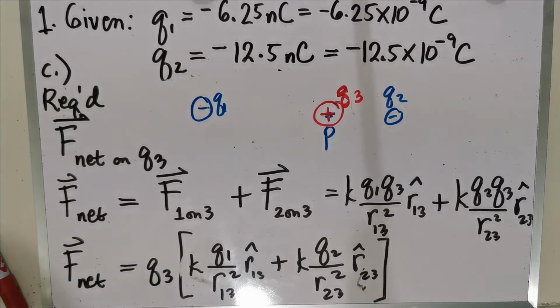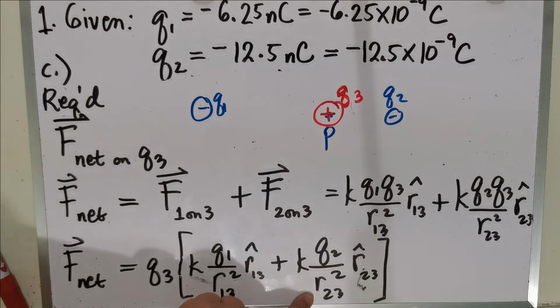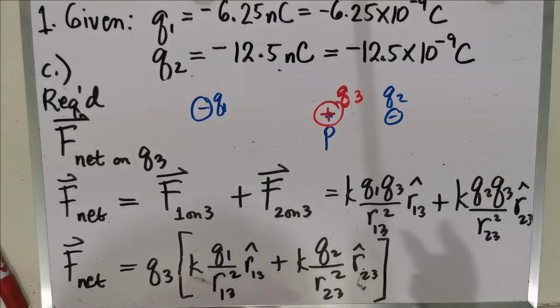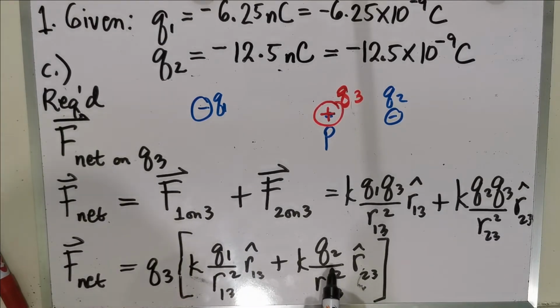But remember that these terms, K Q over R squared, are the electric field due to these two charges, Q1 and Q2.